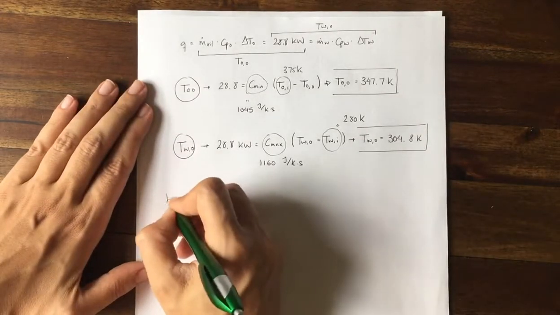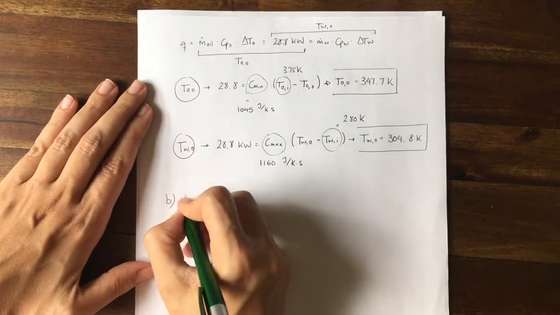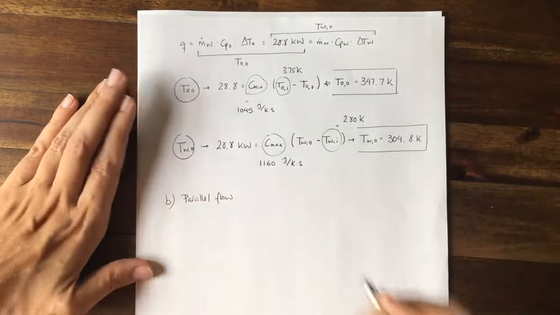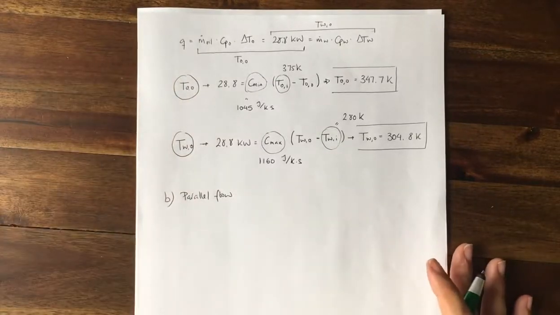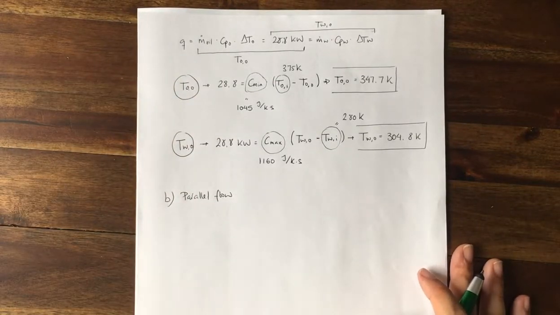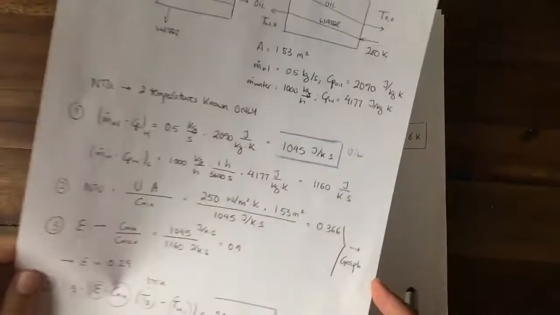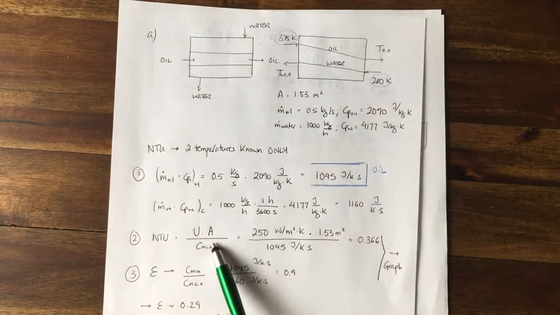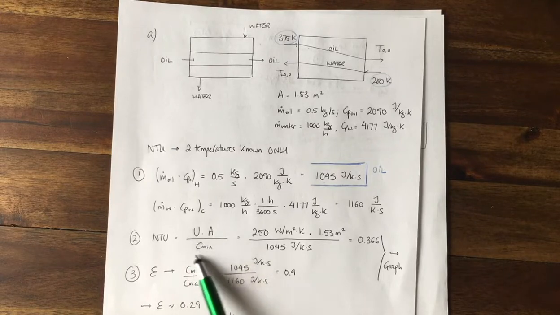Okay, in case that we have a parallel flow, the methodology will be exactly the same. We will have to calculate the NTU, calculating first the minimum capacity.